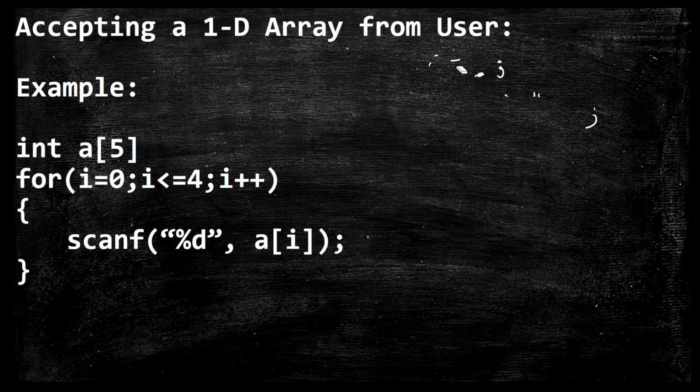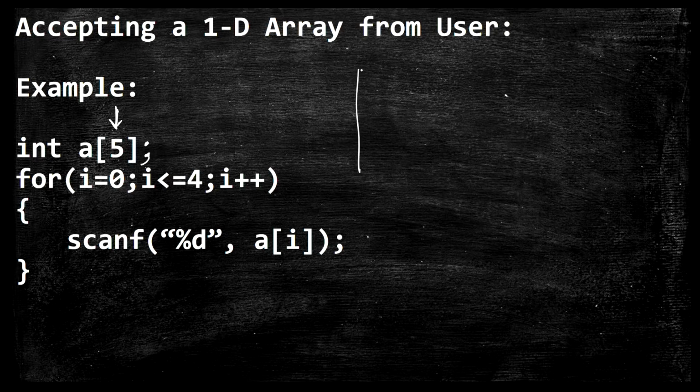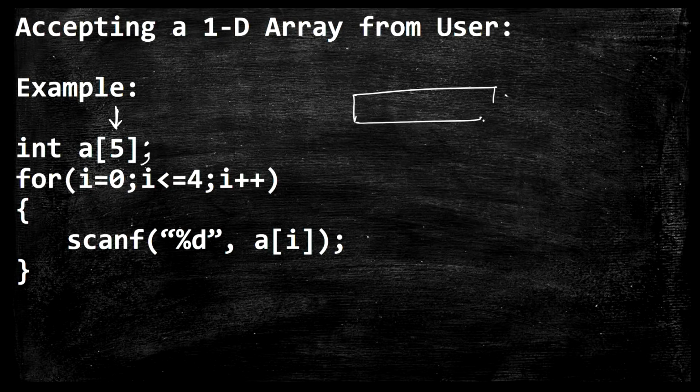But here we are going to accept the values of an array from the user, right? So what will I do first? I will write int a and then allocate some space for this, that is int a[5]. This line will allocate space inside the memory for the variable a of 5 integers, that is 20 bytes.